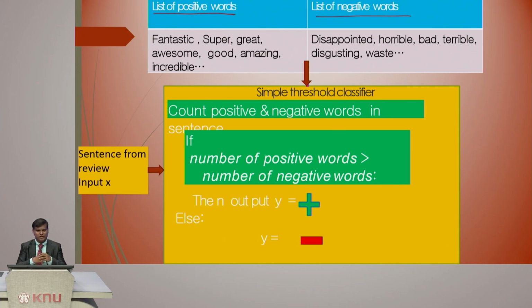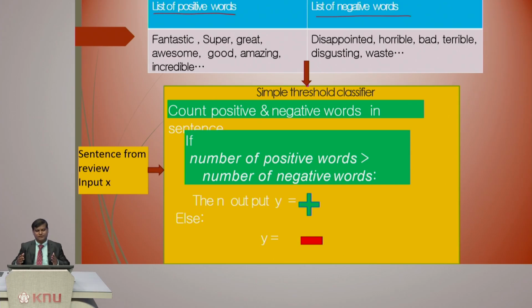So these are some of the ways in which we can model it. The model is a very simple model. In fact, we just use an if-then-else decision model, and the decision is also based on a very simple threshold. Here we just count the number of positive and negative words and see whether the number of positive words is greater than the negative words or not.